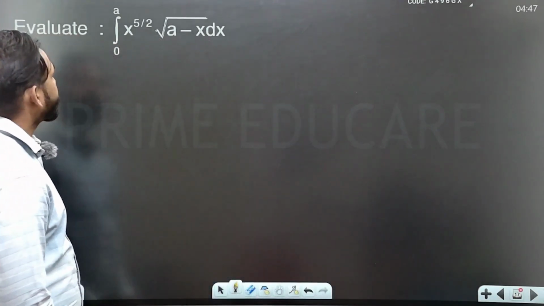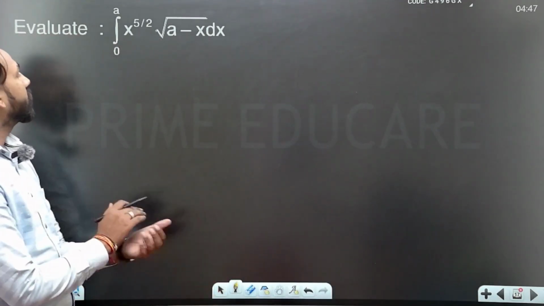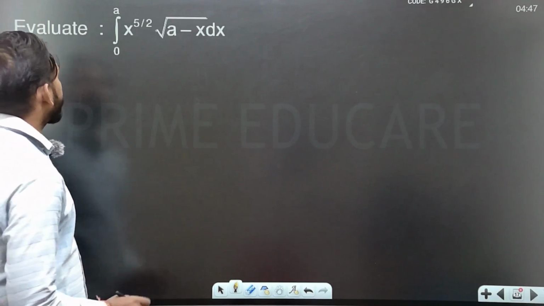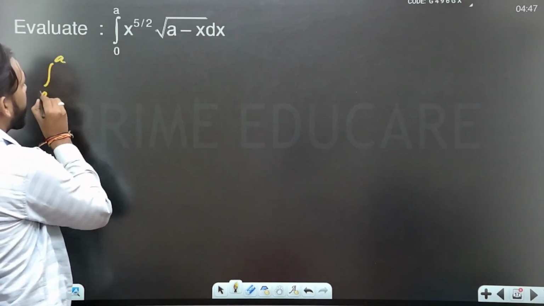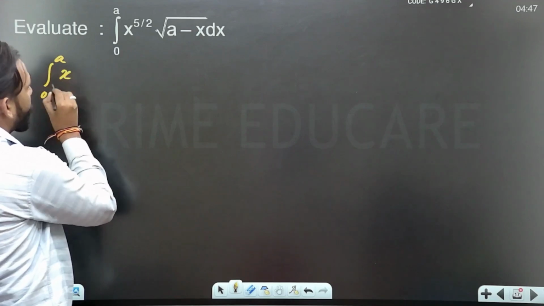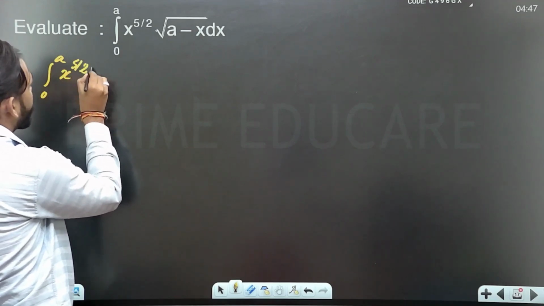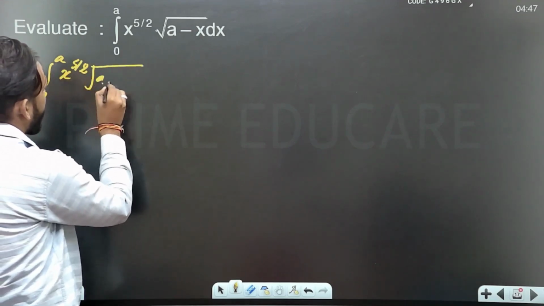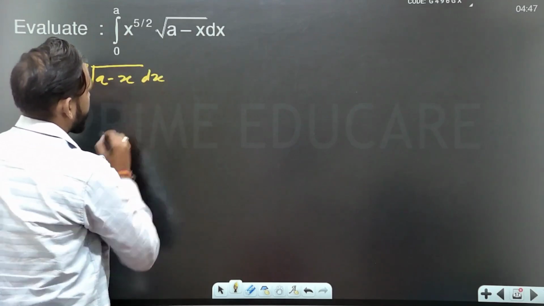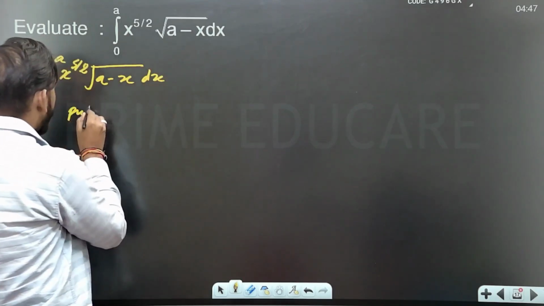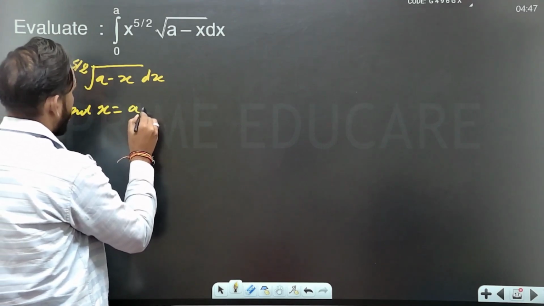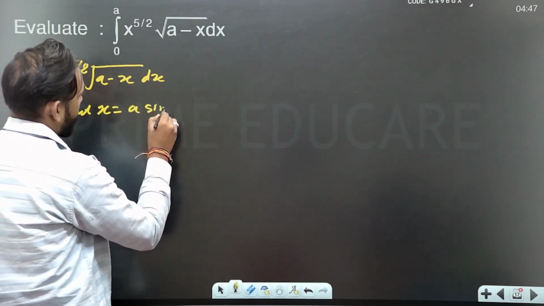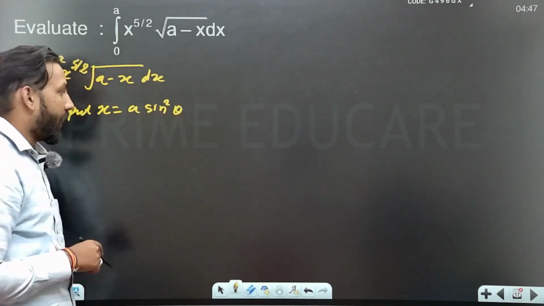Now, we have to try to find out this integral, 0 to a, x to the power 5 by 2, integration of a minus x dx. Put x equal to a sine square theta, right?